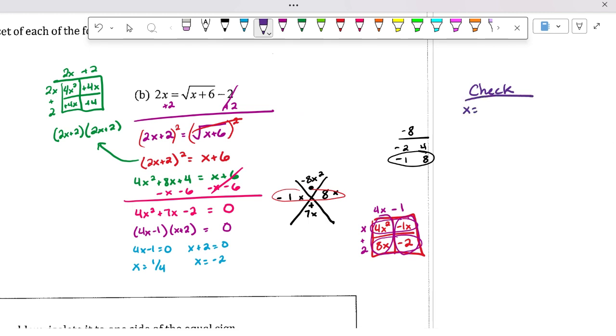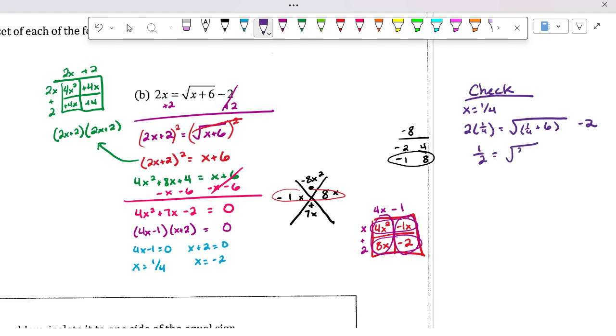So I'm going to check x equals 1/4 first. I have 2 times 1/4 is equal to the square root of 1/4 plus 6 minus 2. 2 times 1/4 is 1/2. Then I have 1/4 plus 6, so 6 is 24/4, so that would be 25/4.